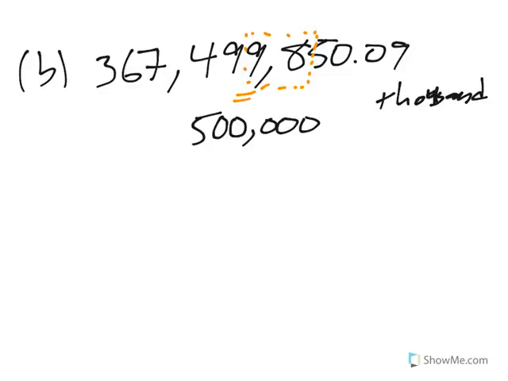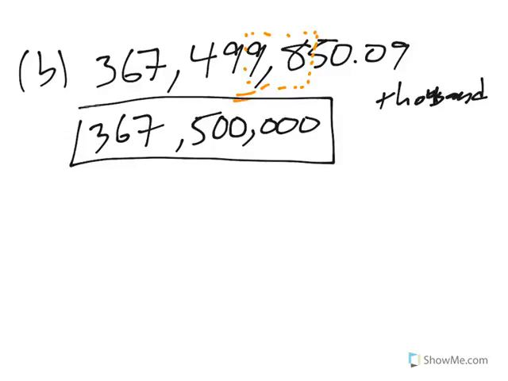But we also have to keep in mind that the majority of the value of this number is over in the millions, 367 million. So many digits to the left of that 500 I have to keep alone. So the 499 bumps up 1 to 500. Everything to the right of those thousands is wiped out to 0, but the 367 million stays there.